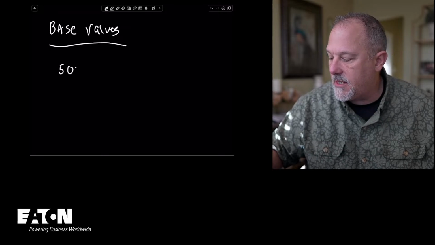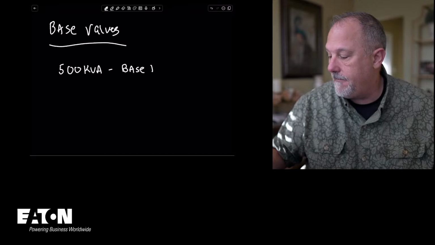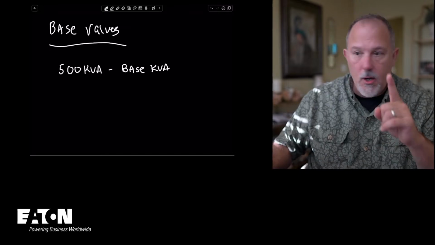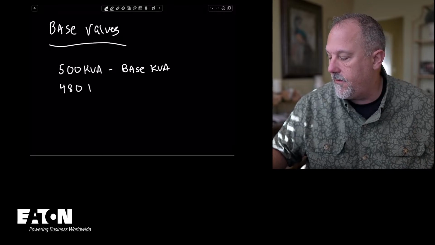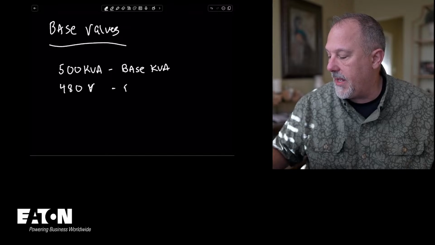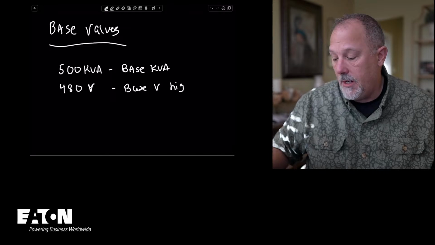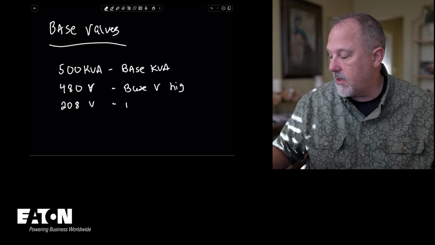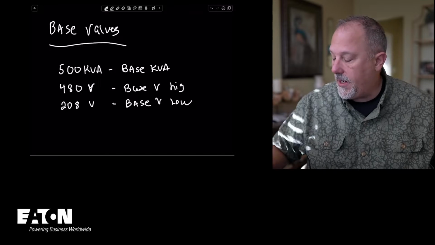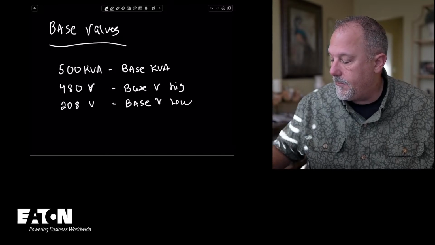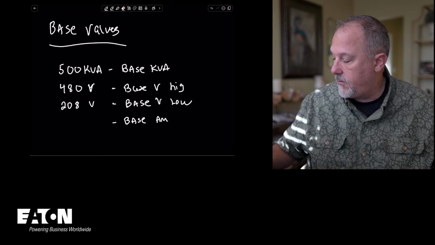We know in this case, 500 kVA is our base kVA. We know that our primary is 480 volts. 480 volts is our base voltage on the high side. 208 volts is our base volts on the low side. And then we know our base amps. Here's what we're going to do.